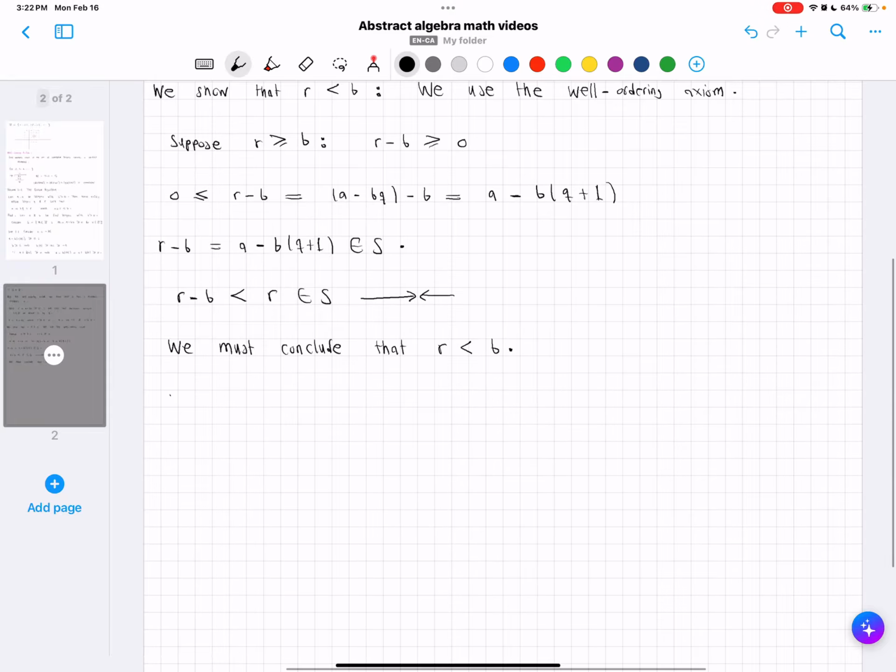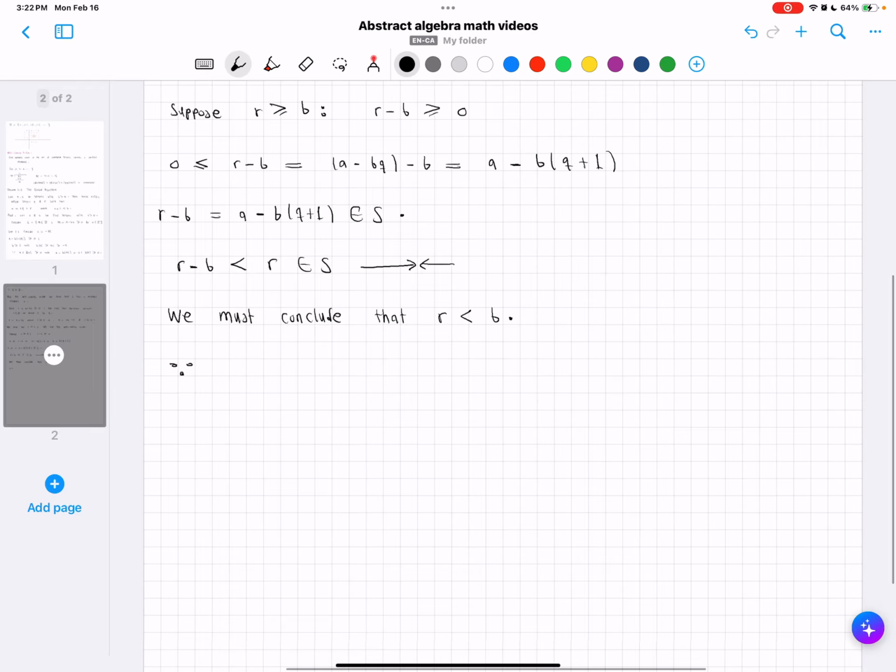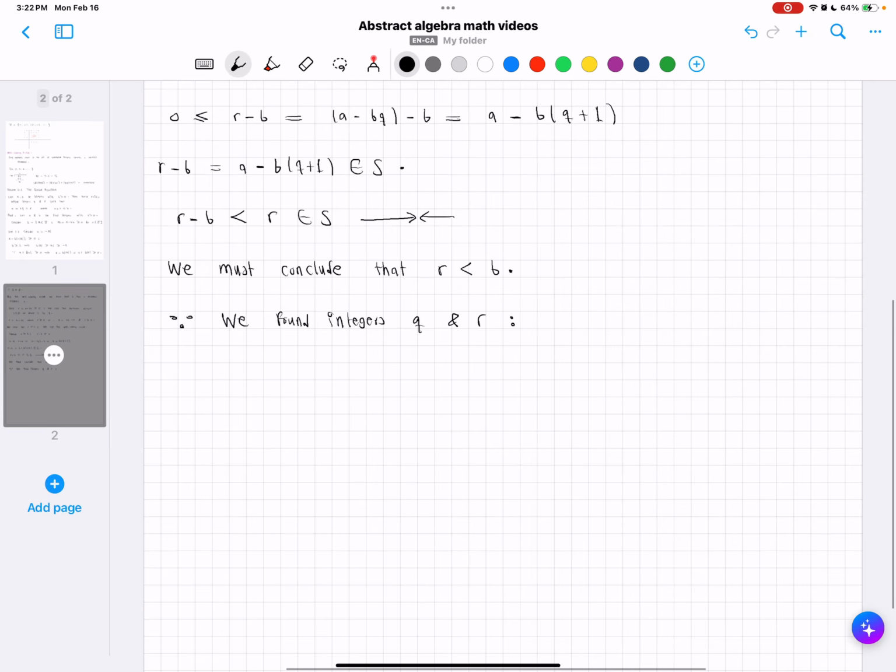So therefore, we found integers Q and R such that A is B times Q plus R, and R here is less than B and bigger than or equal to 0.